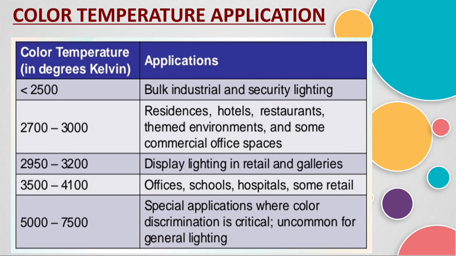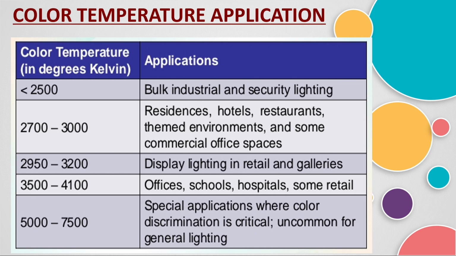Next is 3,500 to 4,100: offices, schools, hospitals, some retail. In 3,500 to 4,100 Kelvin, this neutral white light is similar to daylight, providing good visibility and more balanced color rendering.